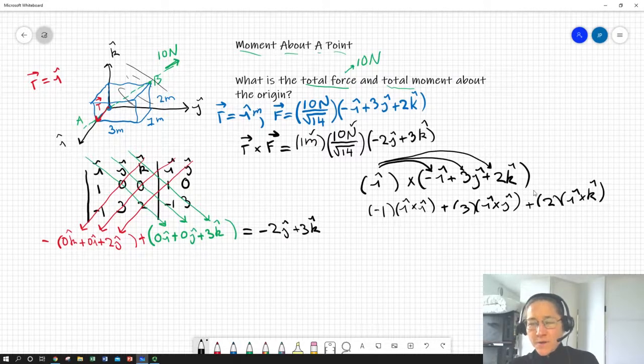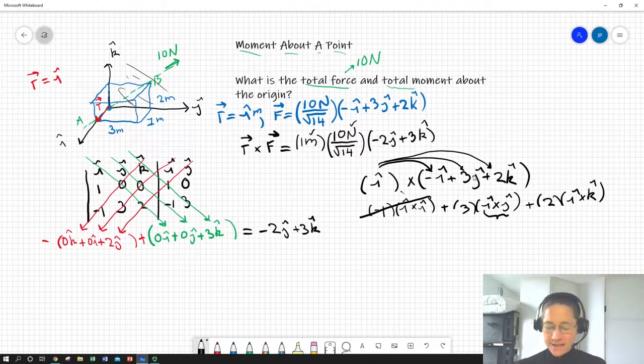Very important we keep the order because the cross product, unlike the dot product, is not commutative. So i hat cross i hat is 0 because it's parallel to itself, and of course the cross product only takes the perpendicular portion, so that whole term goes away. Now we apply the right-hand rule to get the result of this.